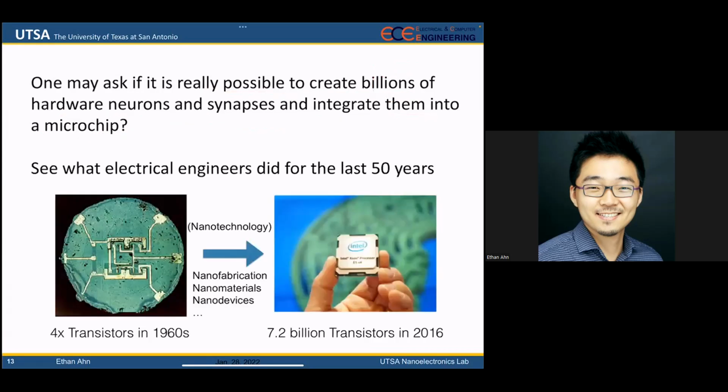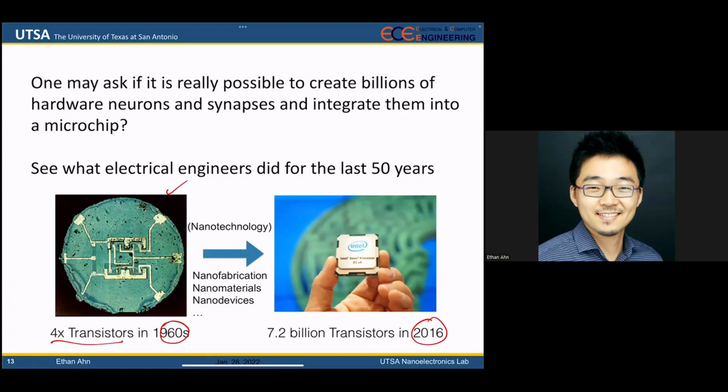Actually, this is not surprisingly hard to do, because if you look at what we have done over the last half century in terms of device density, we did an amazing job. Compared to the 1960s, when we only had 4 transistors in a small coin-sized chip, back in 2016 the number of transistors went up all the way to billions.